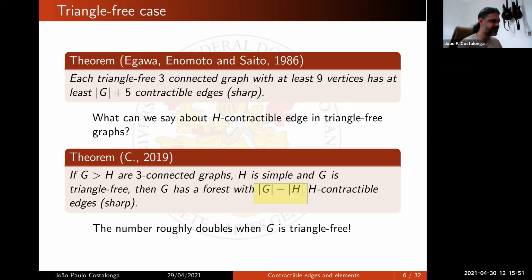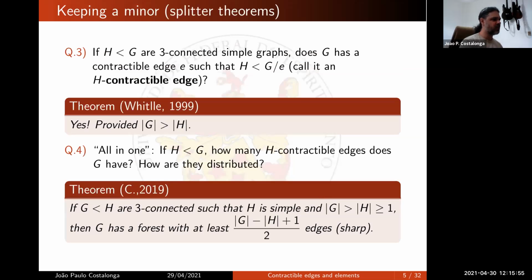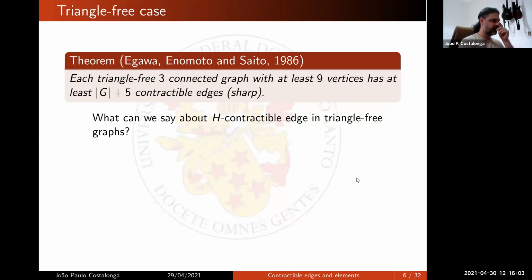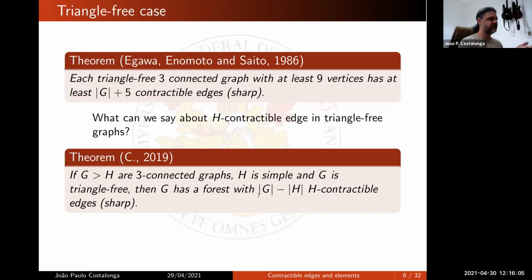This is the cool thing about this theorem. That's not so cool about this one. It's something of an order 1/2 of the difference of the orders. And here we have something in the order of the difference of orders.